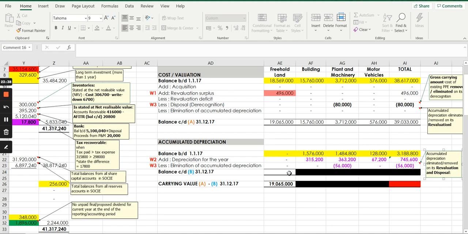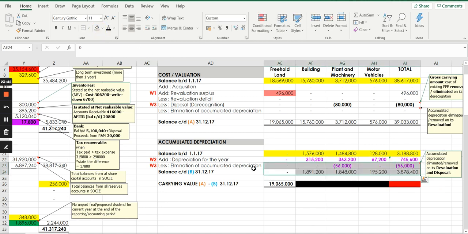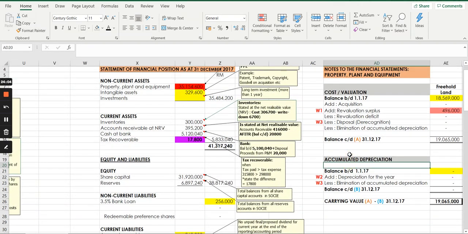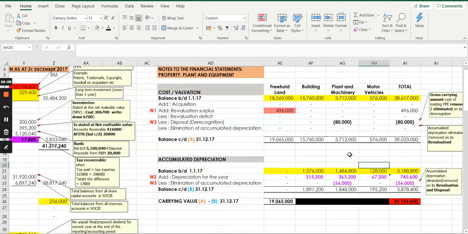You can see that this is the total accumulated depreciation, and these are your net carrying amounts for your PPE, 35,154,600, that you will transfer here. So the figure here will be transferred to the statement of financial position as your carrying value. Okay, with that, we are done with all.